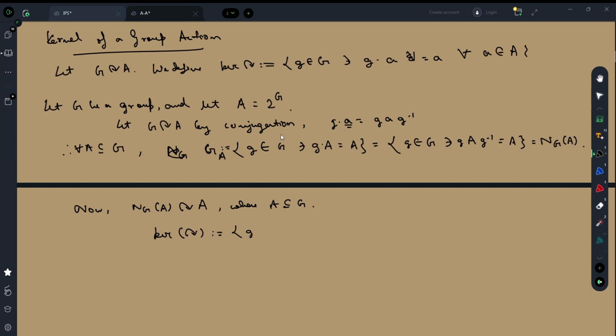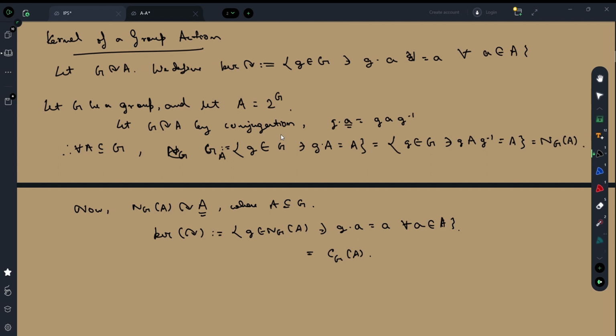It's the set of elements g in the normalizer of A such that g dot a is a for all a in A. So A is given here. Observe that this is nothing but the centralizer of A in G, because g dot a is gag inverse.